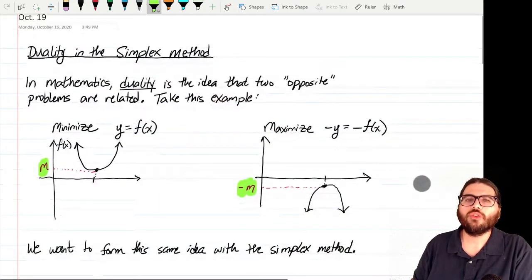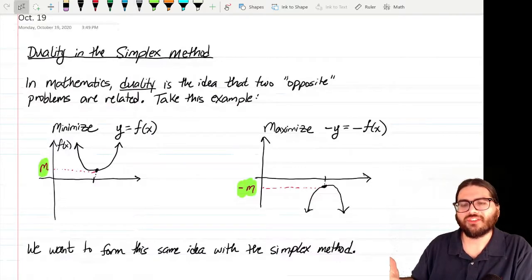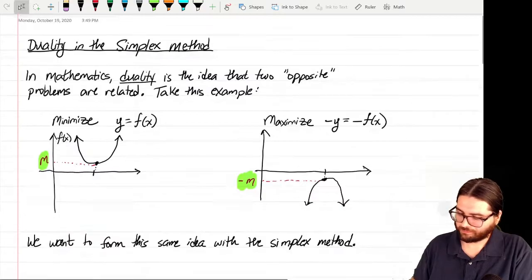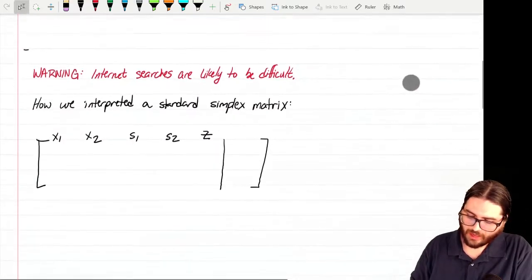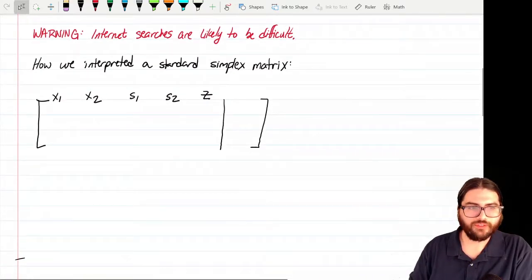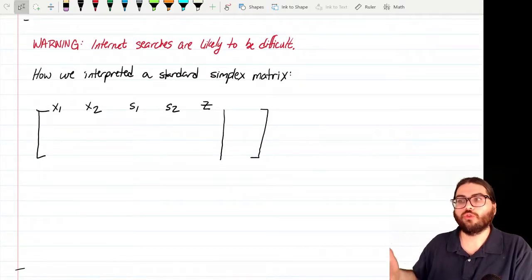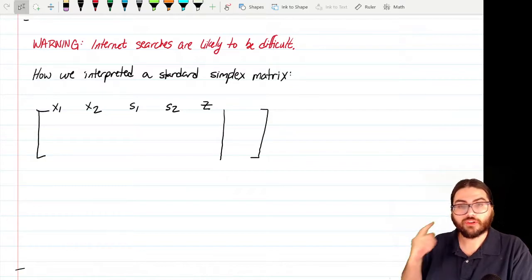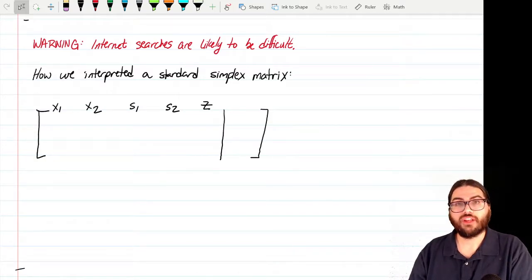Let's see if we can do the same thing in the simplex method to see how that changes the simplex method. I will give you a warning going into this. If you were to search Google for the dual simplex method, you are likely to find something very different from what we're going to be discussing today.